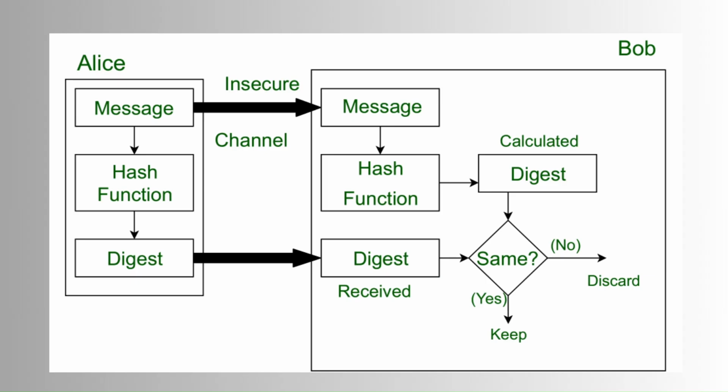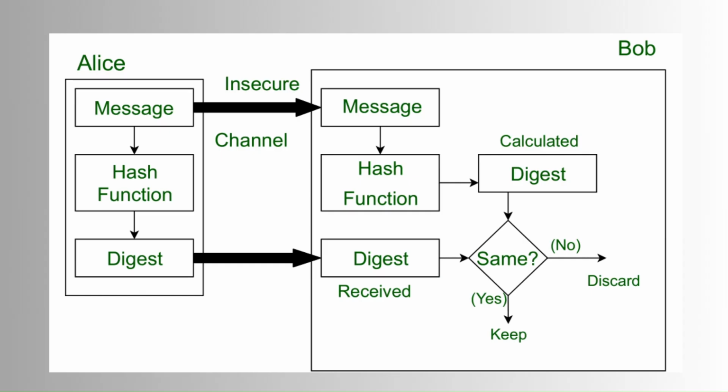So this is the diagram representation where Alice is the sender and Bob is the receiver. What happens is that the message is first hashed and the digest is generated. Then the message and the digest are sent together through the insecure channel to the receiver.